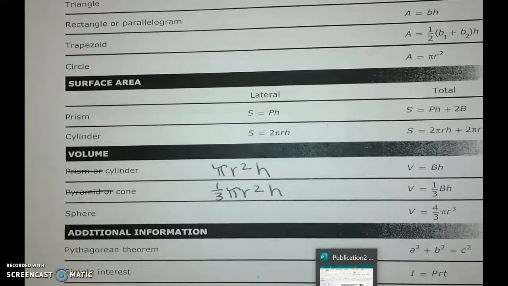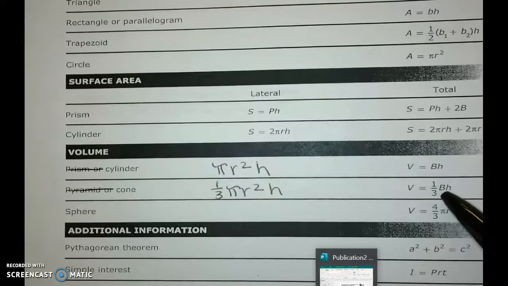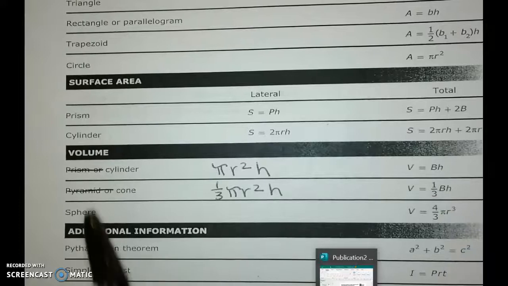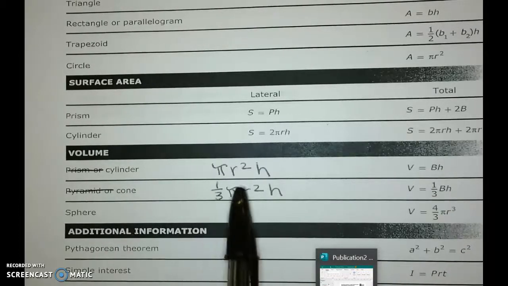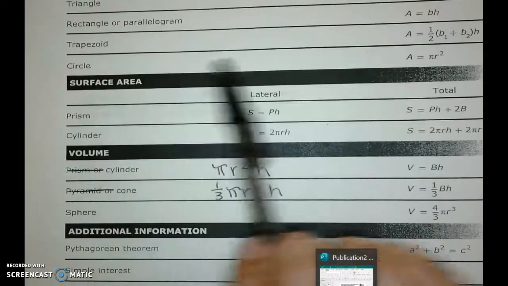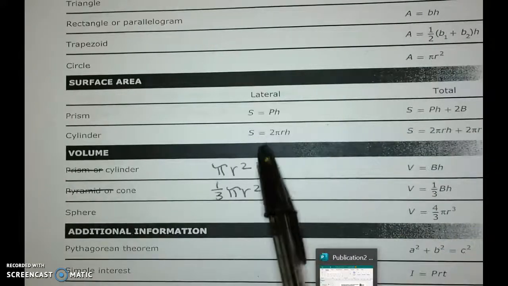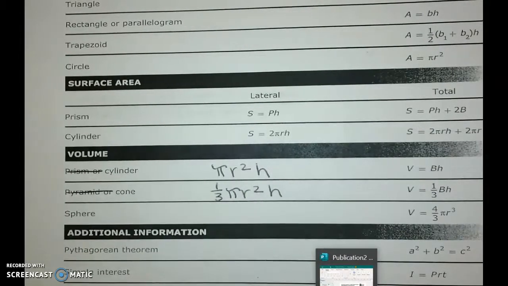Alright, so the reason we're writing these two formulas right here is because we know from surface area, this big B right here stands for area of the base. Well, if we're only doing a cylinder and a cone in volume this year, then our formula is going to be pi r squared for area of the base because that's the area of the circle formula. So we're just replacing that big B with pi r squared so that way we're ready.